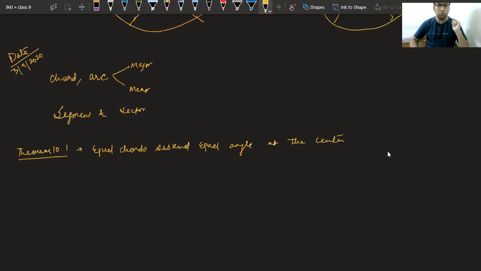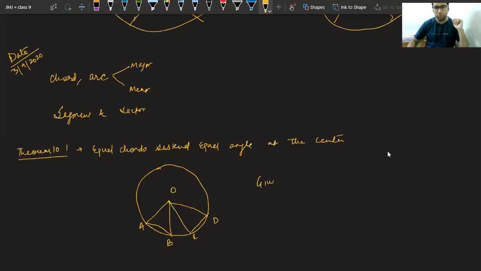So yesterday we proved this using congruency. Suppose a circle with center O and radius OA, and AB is a chord and CD is a chord such that AB is equal to CD.